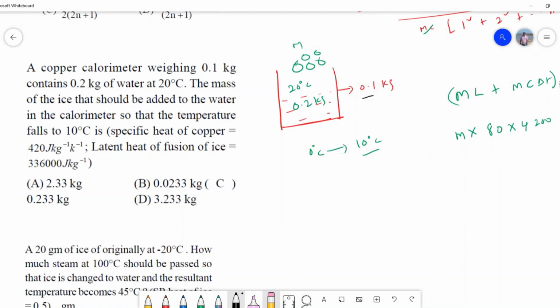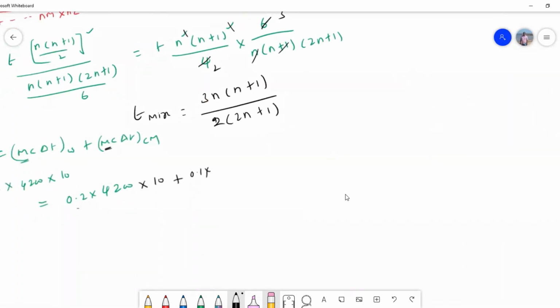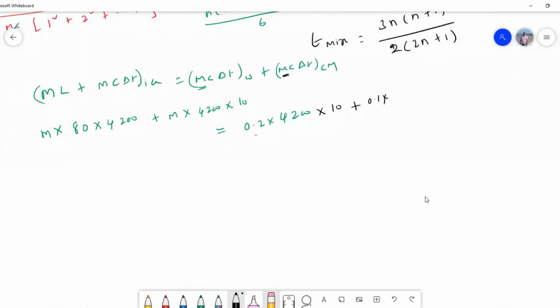So directly multiply with the specific heat of calorimeter, so here multiply 420, into again the fall in temperature, which is 10 only. So here everywhere I can cancel 4200, 4200, 4200. This will cancel.